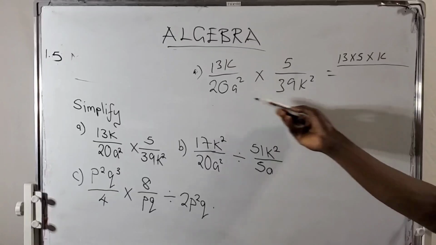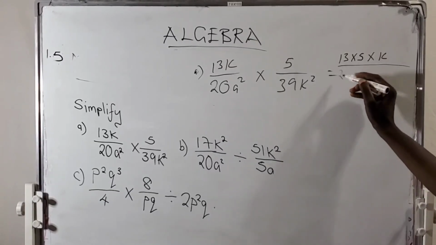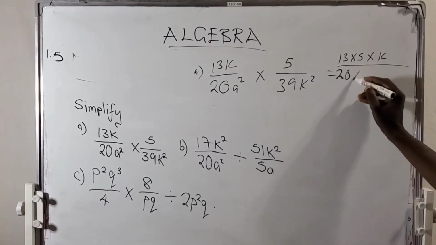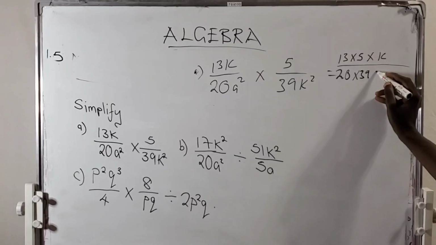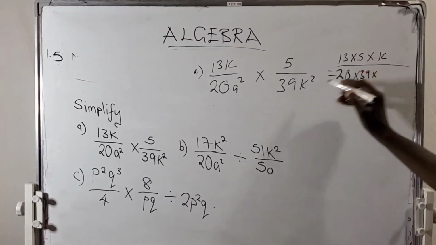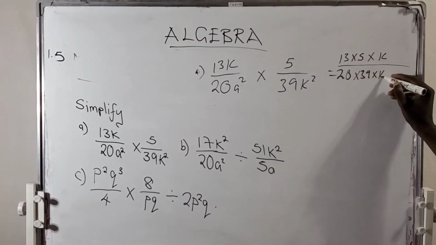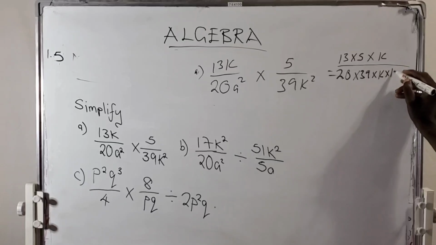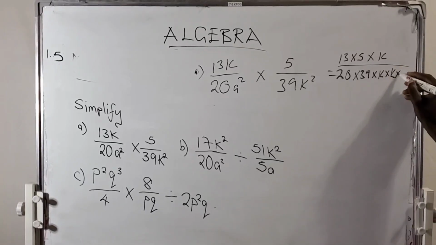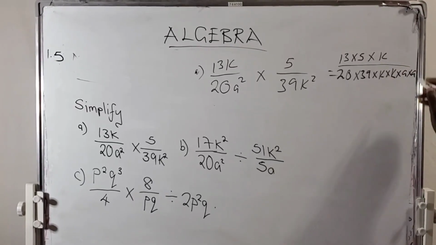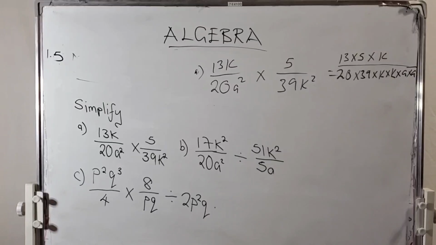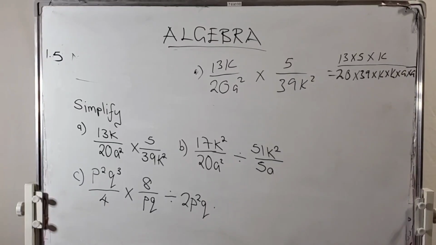Even down here, we're going to multiply 20 times 39. Since here we've started with k, let's start with k. K squared is k times k. A squared is a times a.